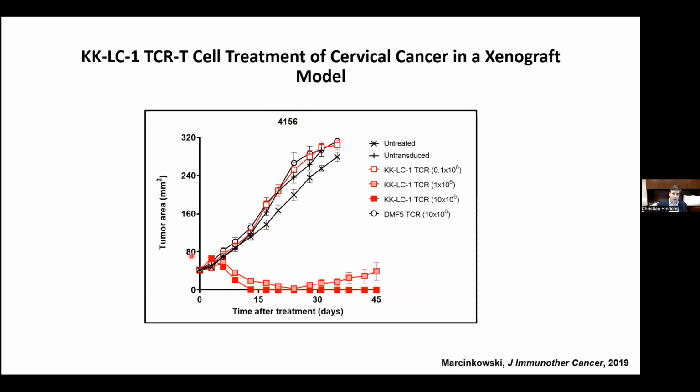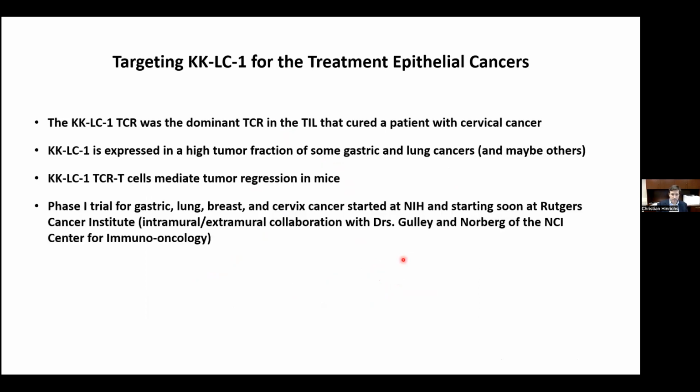Here we've established it on NSG mice, and we treat them with human T cells transduced with the KKLC1 TCR. There's a dose response in tumor regression, and at the highest dose, all of the mice have all of their tumors eliminated. So this is part of the preclinical data that has led us now to a clinical trial at Rutgers Cancer Institute.